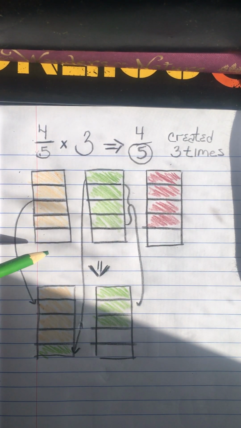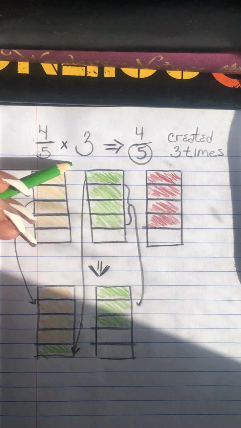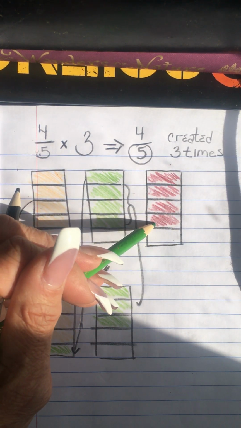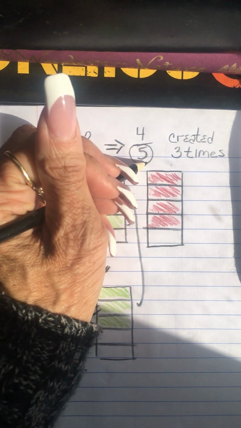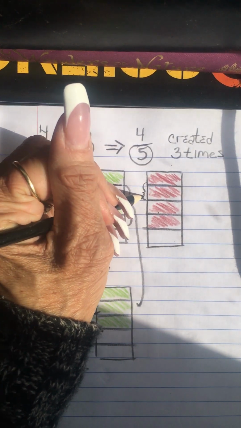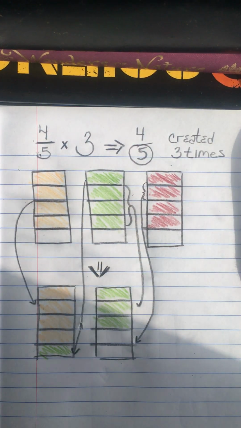So I've taken care of this first 4/5 and this second 4/5. Now I've got to take these 4 red, and I am going to take 2 of them because I have 2 left here. I'm going to bring them down to these 2. So I'm going to shade them in.